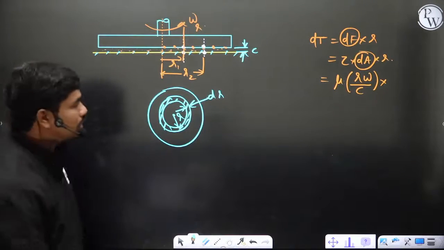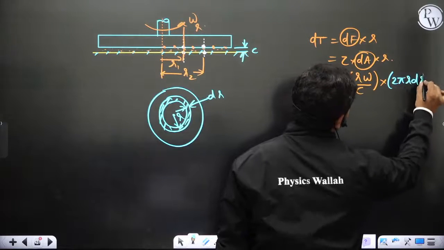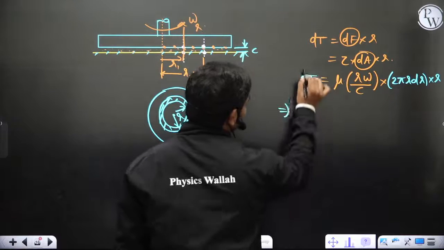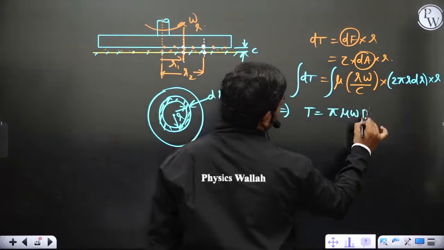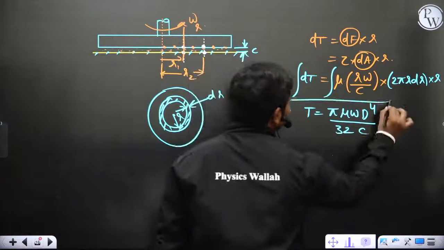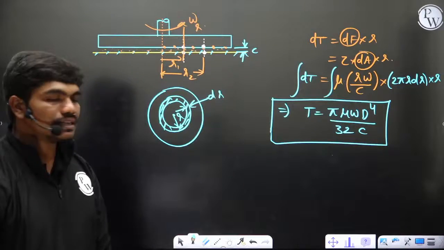Can I say this? So dA is 2 pi r dr. If you integrate this expression for dT, T is equal to pi mu omega d power 4 by 32 times clearance. So we have that particular expression.